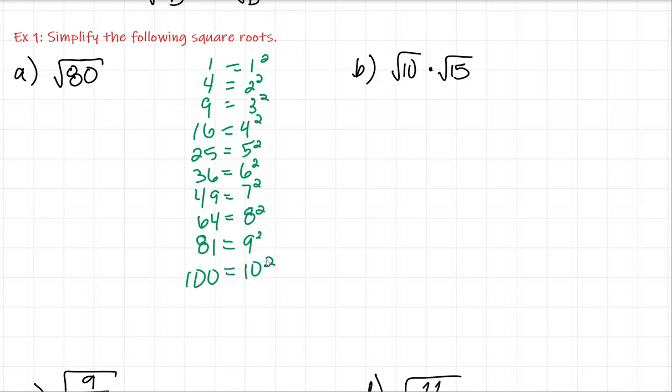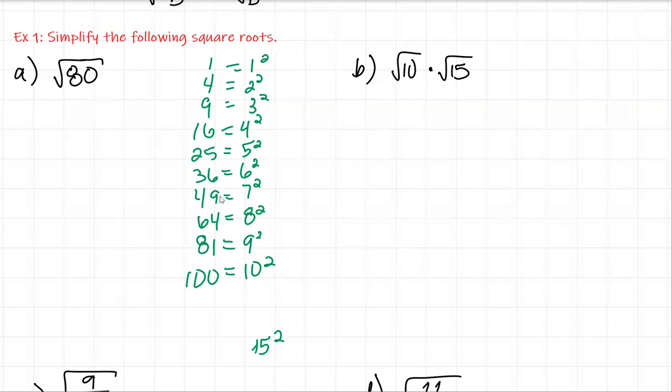It would be advantageous to have this committed to memory, and maybe even go a little further, up to say 15 squared. You don't have to keep going further than that, but you can if you want to never have to calculate that stuff again.